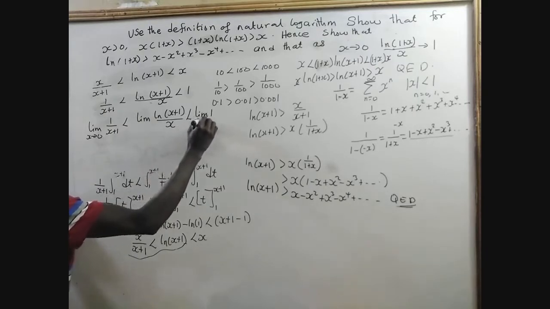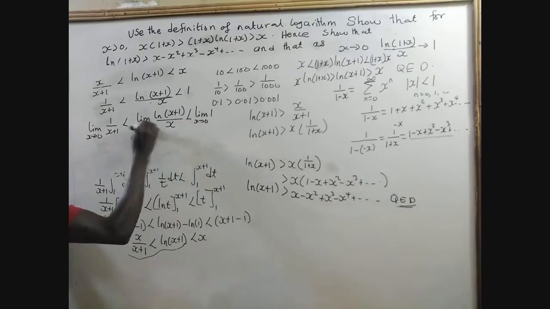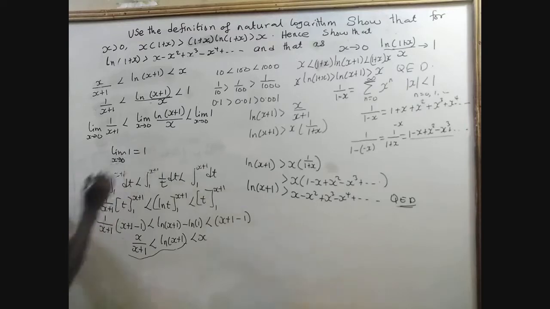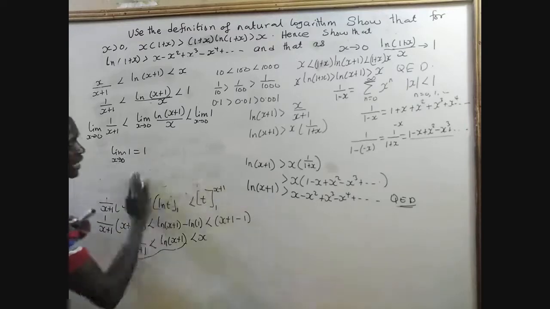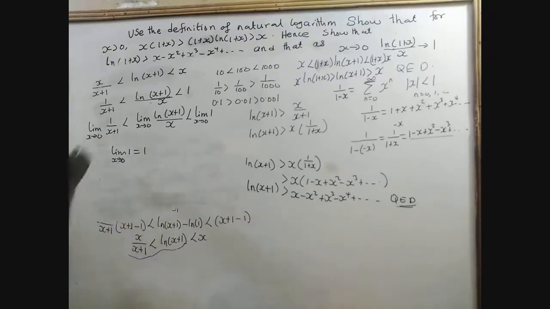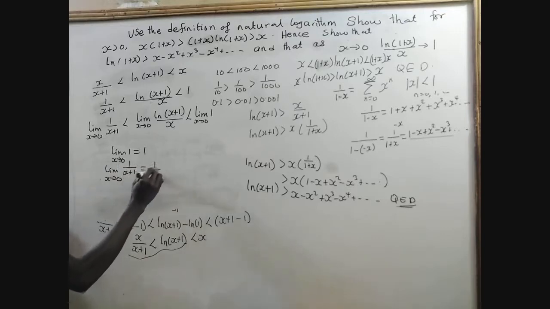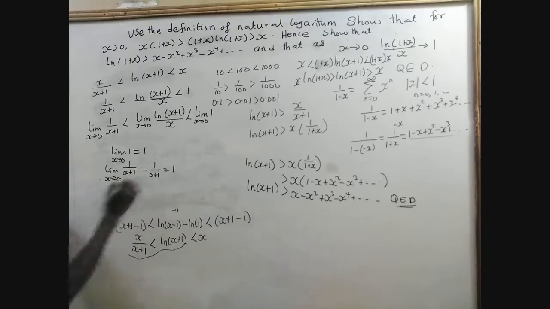As x approaches 0, the limit of 1 is equal to 1. You get that? Now the limit of a constant is the constant. And the limit of 1 divided by x plus 1 as x approaches 0 is also equal to 1 divided by 0 plus 1, which is equal to 1.